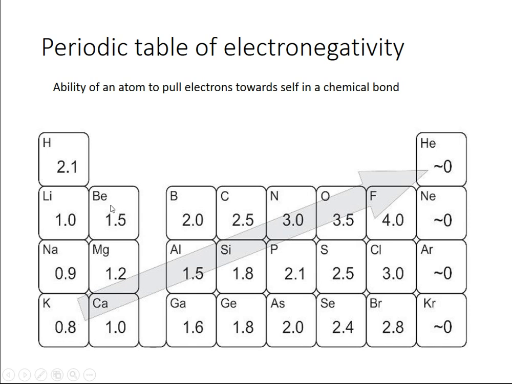Group 2, we see beryllium has higher electronegativity than magnesium, which in turn has higher electronegativity than calcium. Now if we go to group 7 here, we see the same trend. The electronegativity is decreasing down the group.